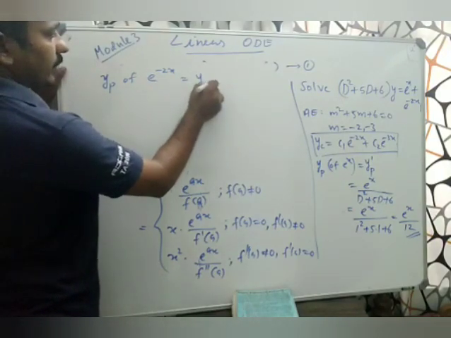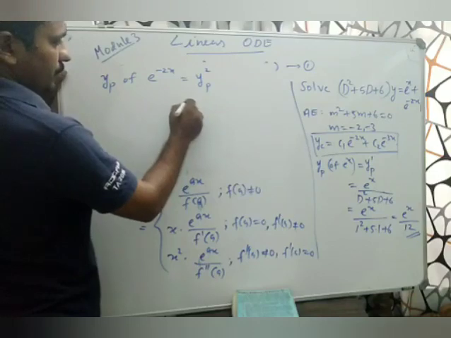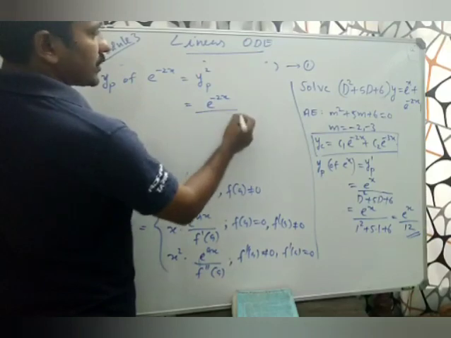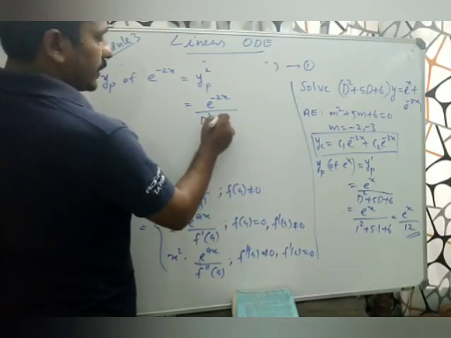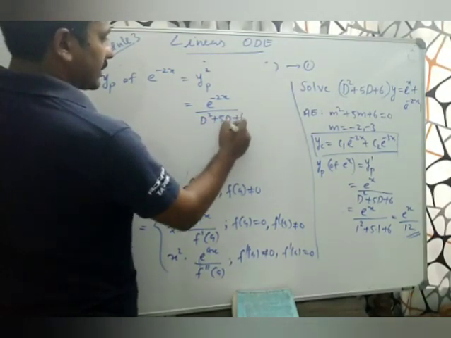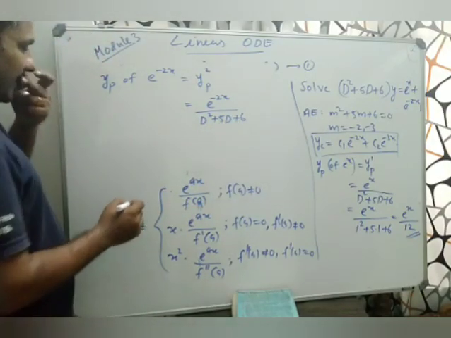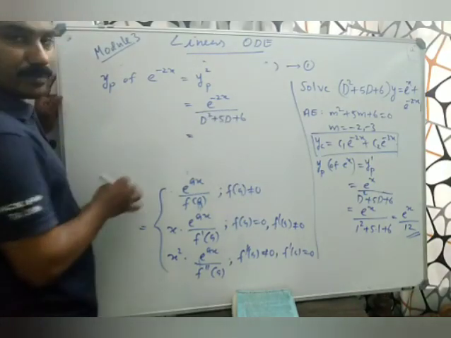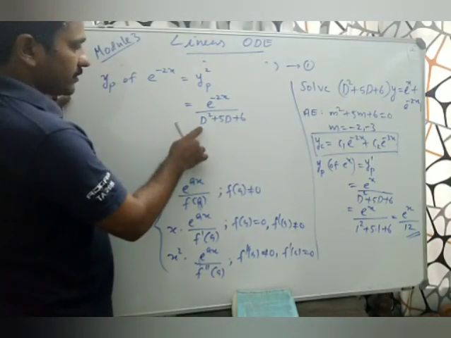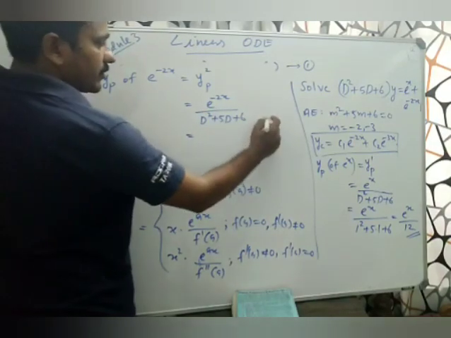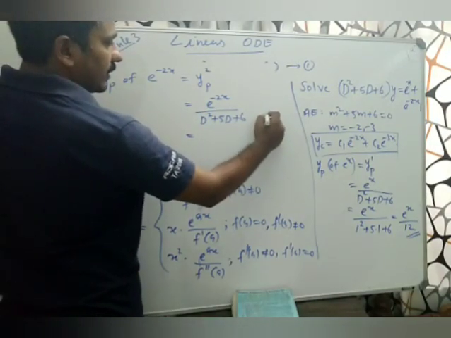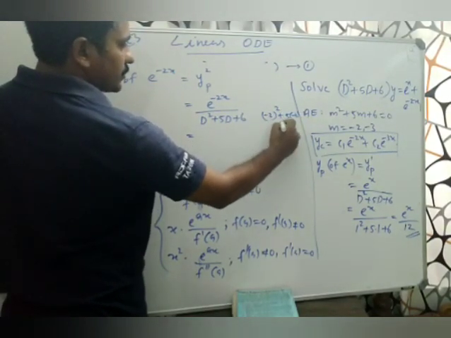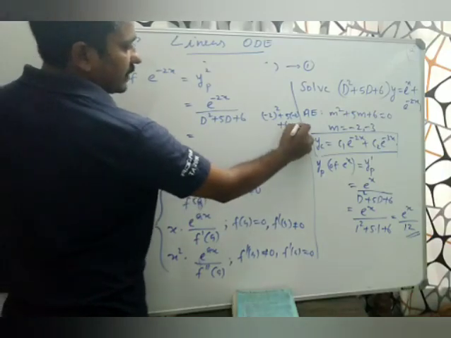We call that yp2, which is obtained by e to the power minus 2x divided by D squared plus 5D plus 6. Here again the same procedure: just replace D by minus 2. So when you substitute, you get minus 2 squared plus 5 times minus 2 plus 6, so we get this as 0.